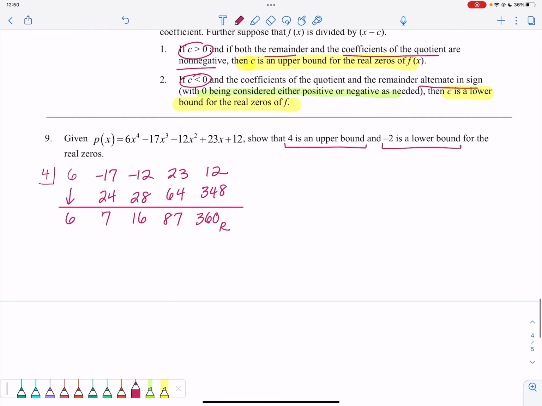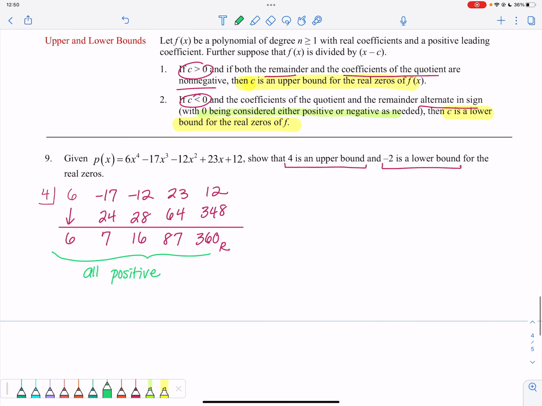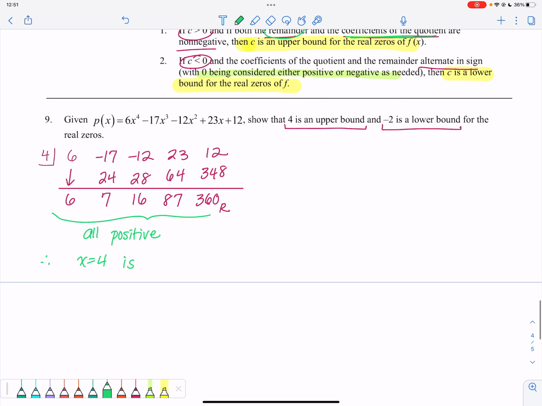Now, what do you note? All of these are positive. So if both the remainder and the coefficients of the quotient are non-negative, and none of them are negative, therefore x equal to 4 is an upper bound.